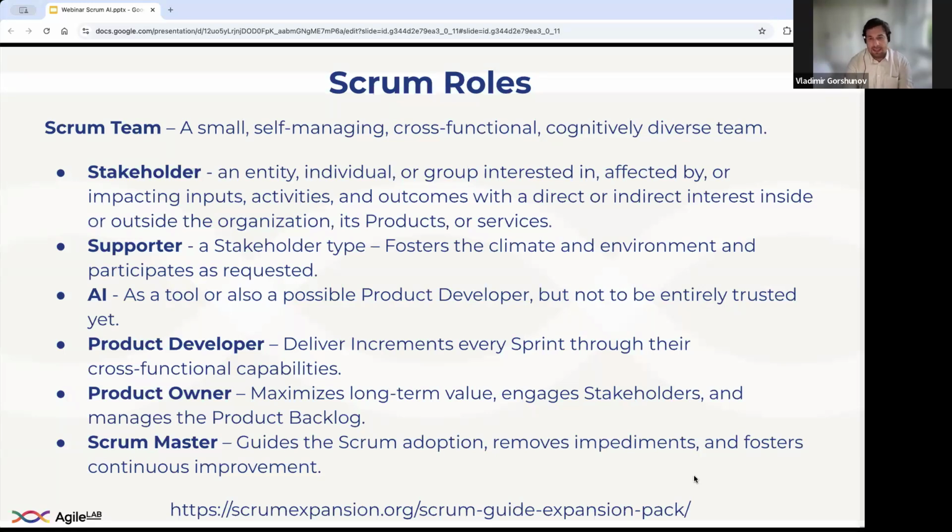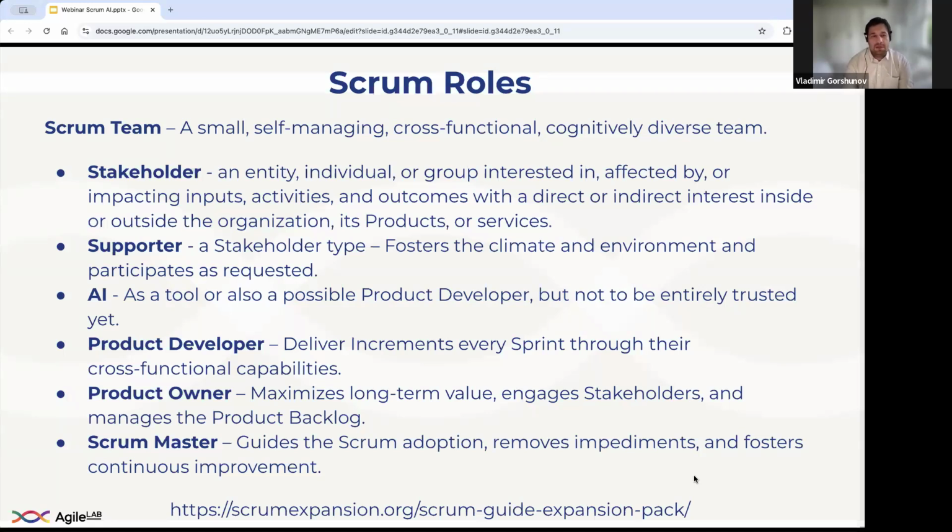This is a group that has interest and impact on the product we are working on. Also, the extension pack extracts a special subset of stakeholders as supporters. They need to foster the climate and environment for the change driven by the product.